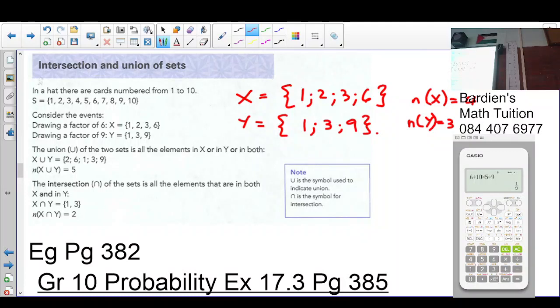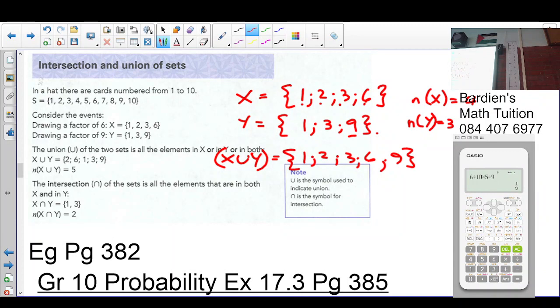So if you're looking at X union Y, if I list that, we know it's first going to be 1, 2, 3, 6, and 9. Okay, you all agree with that?